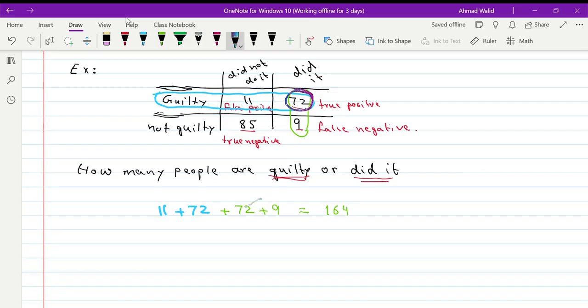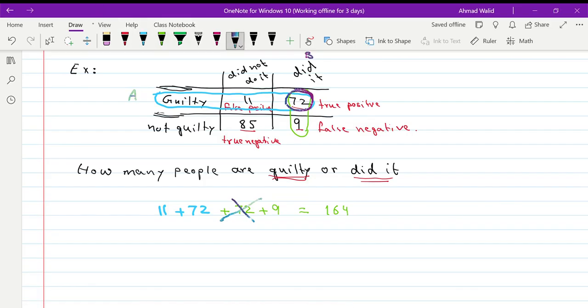We have to remove one of these 72s because 72 is in guilty, if I name it event A, and also in did it, if I call it event B. In the addition rule, we always avoid double count. Correct? We always avoid double count.